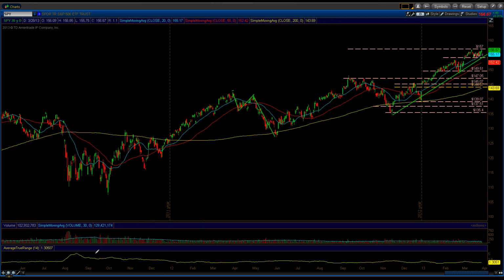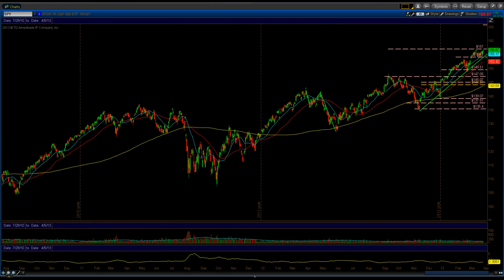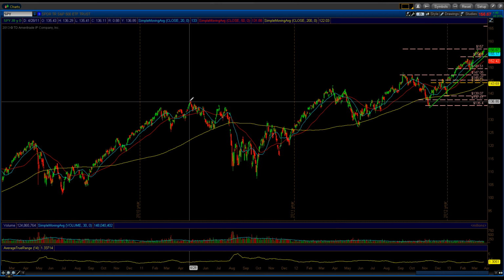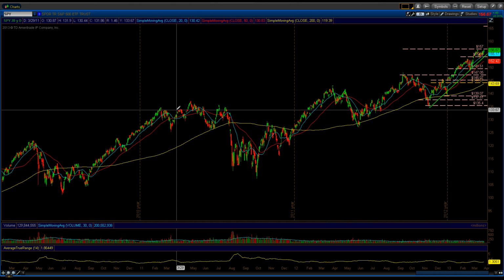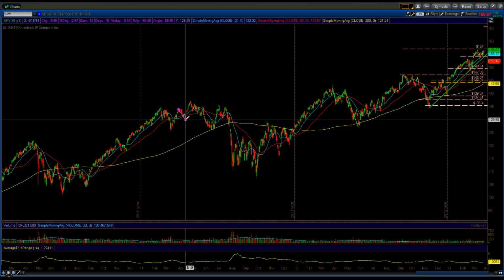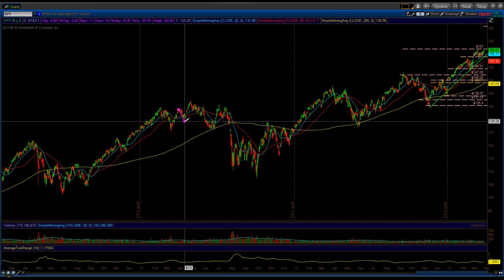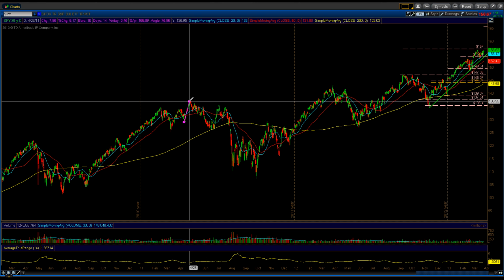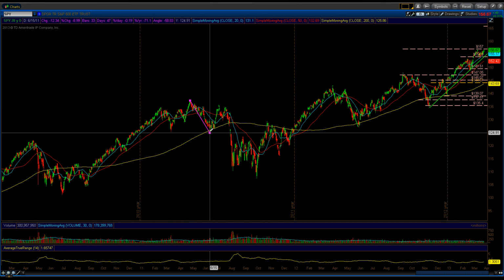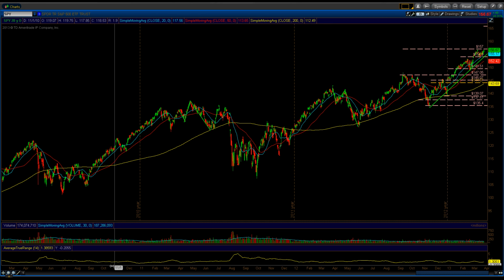And then we correct. Let's take a look at 2011. I don't know if it's going to be the same. Maybe, maybe not so much. This is around April 1st. We get a pullback. It wasn't a correction, but it's definitely a pullback. We actually go higher before we correct. Okay?